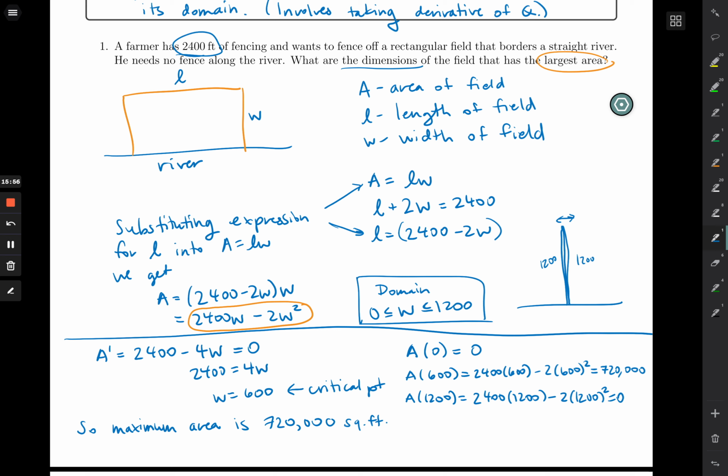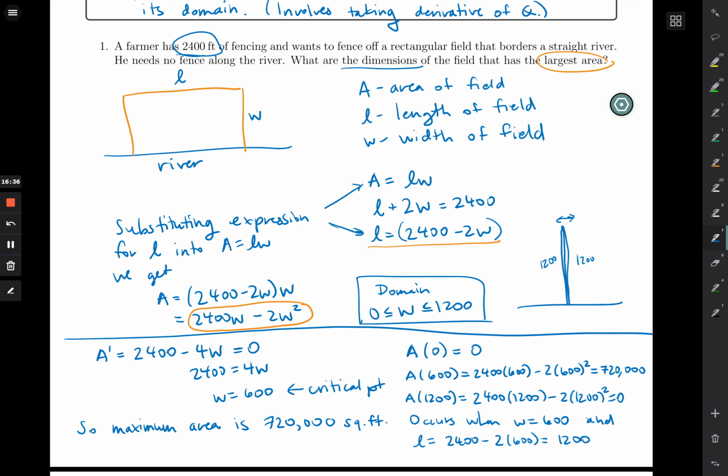So we know that this max occurs when W is equal to 600, and when W is equal to 600, we know that L from this formula will be equal to, if we plug in 600, 2,400 minus 2 times 600, which would give us 1,200.